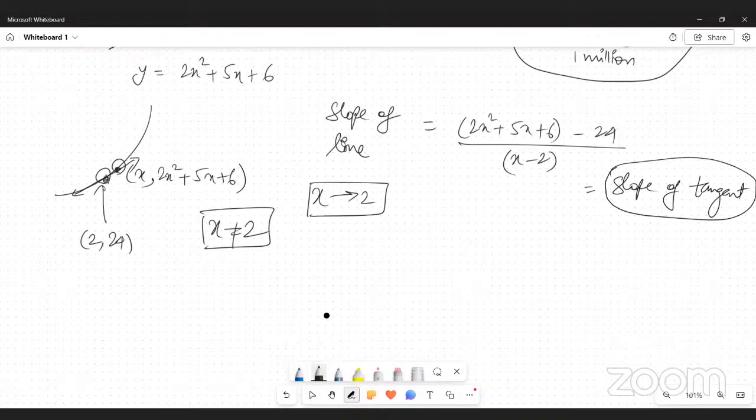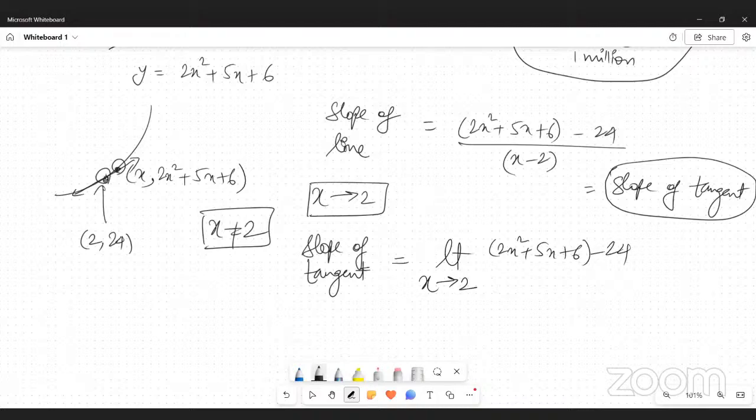So the slope of the tangent is equal to limit x tends to 2 of 2x square plus 5x plus 6 minus 24 divided by x minus 2. Does everyone get this point?